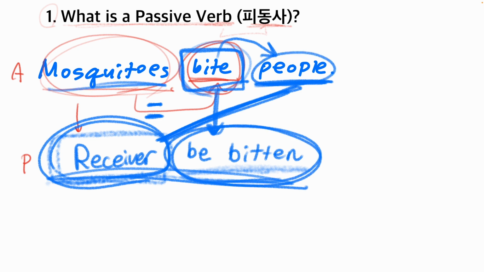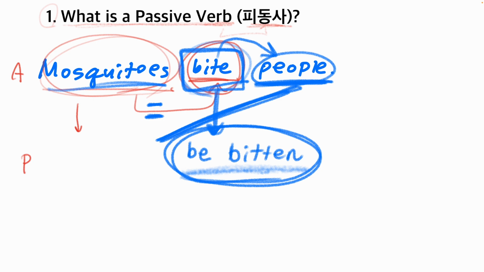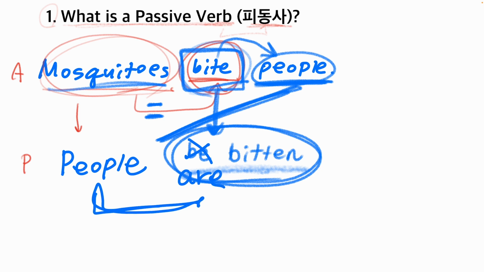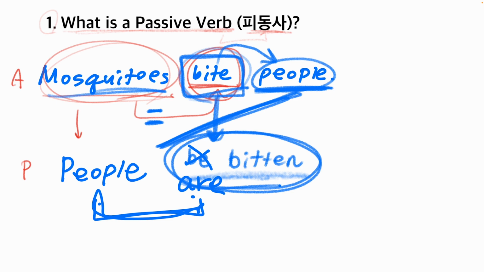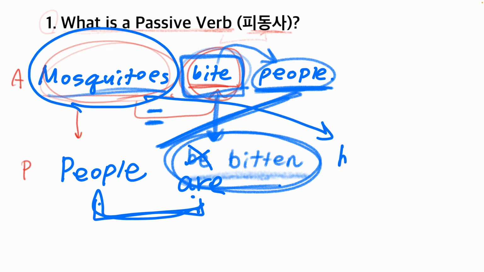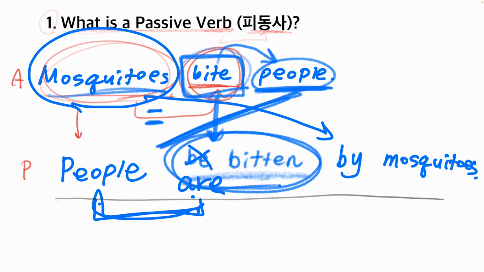So here, the passive verb's subject would be people. And then you change be to are because of subject-verb agreement in English, right? So people are bitten. And to indicate that the biting comes from mosquitoes, you can simply put prepositions like by and then say mosquitoes. So people are bitten by mosquitoes is a passive version of mosquitoes bite people, right?